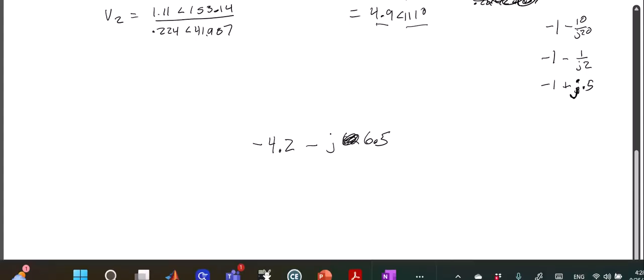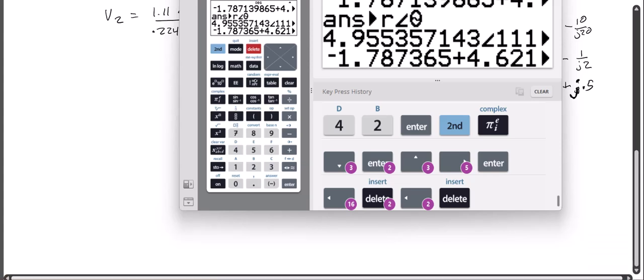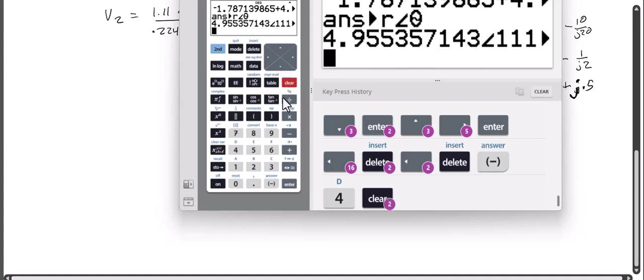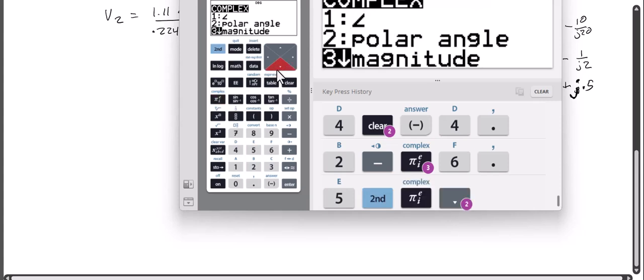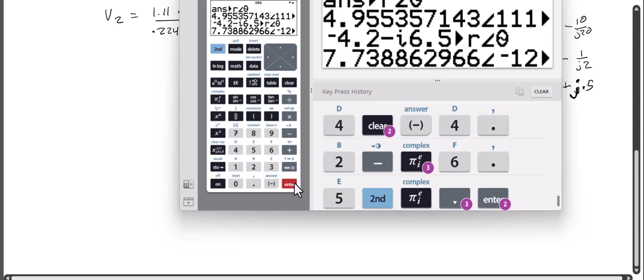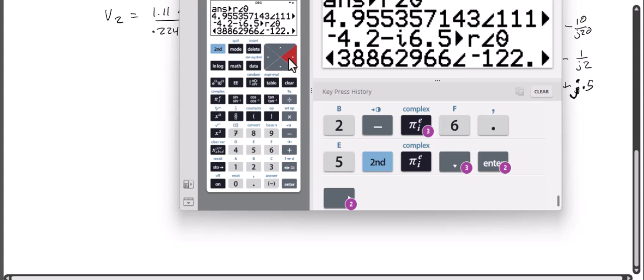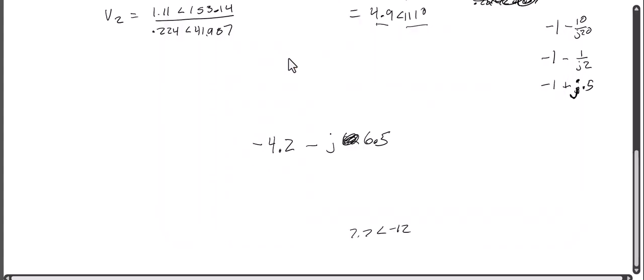The way I would convert that is on the calculator, second complex, convert to polar, and I would get 7.7 angle negative 122.